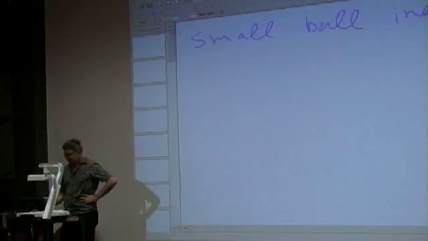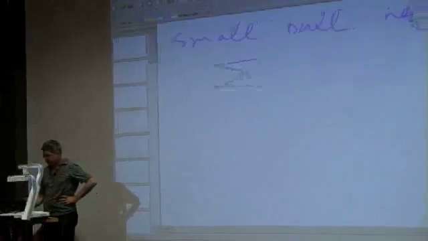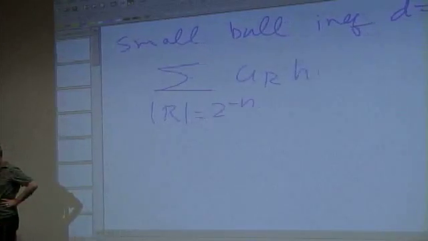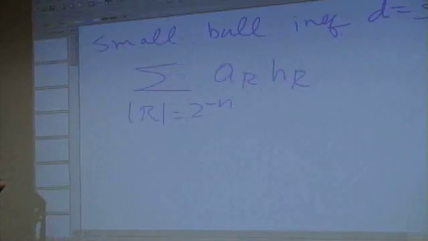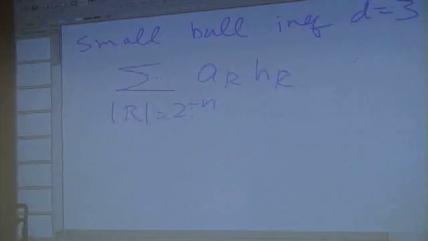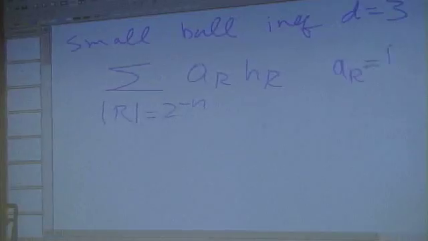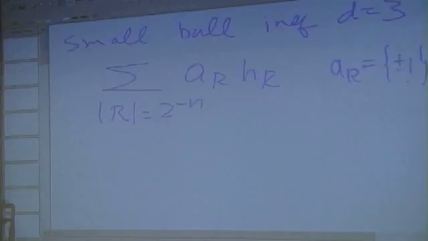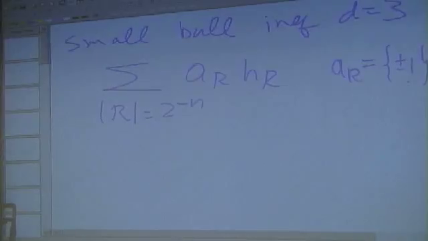As a reminder, the basic object of interest is 2 to the negative n times the sum of a_r h_r, and you can continue. I think it's already very challenging just to consider this case. I did permit the case 0 before, but now let's just consider this case. It doesn't have application as far as I know, but it's already very challenging.